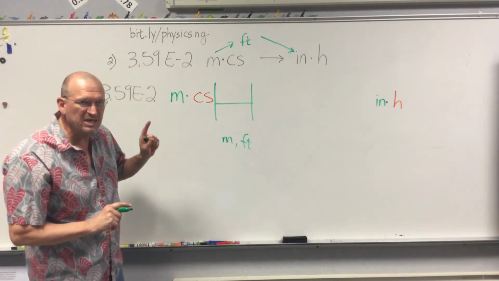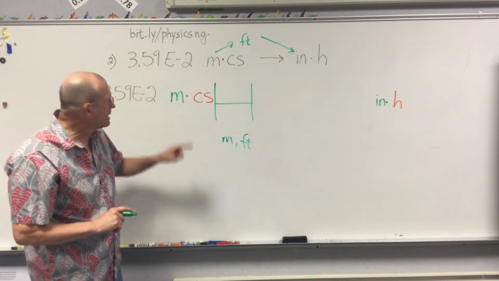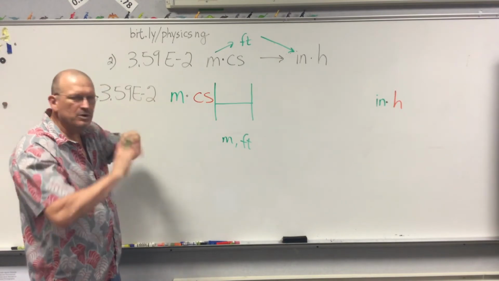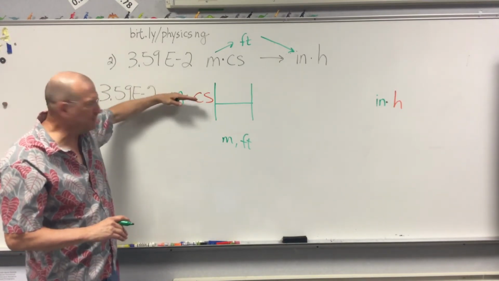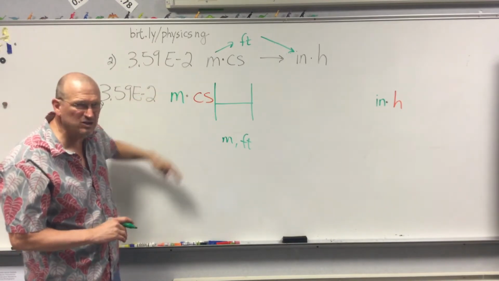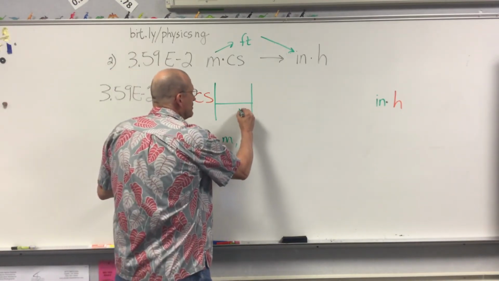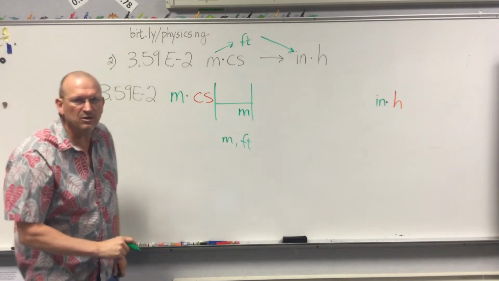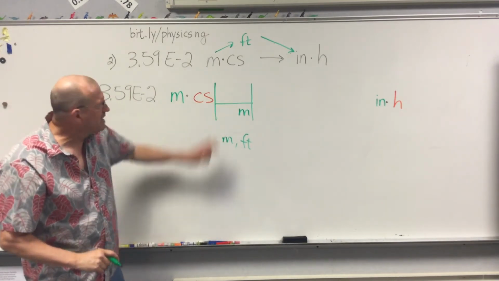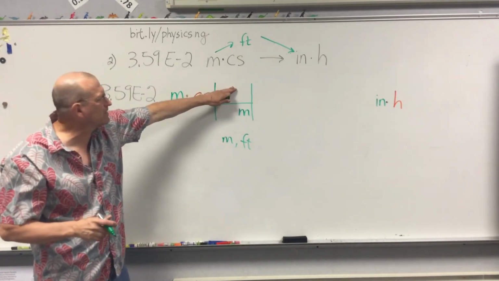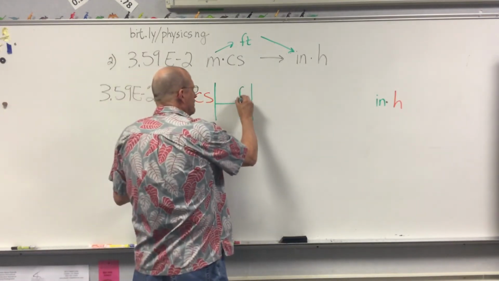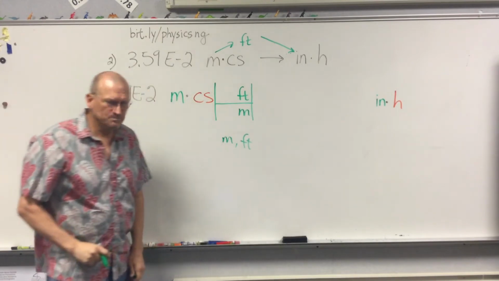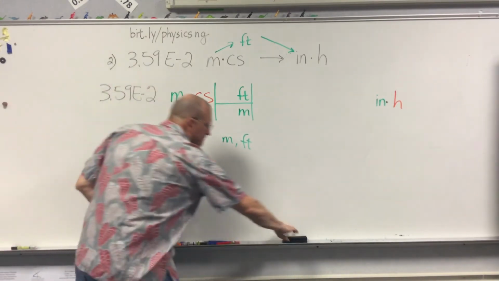But remember, the key word is diagonal. I need this meter to go away. And because the meter is in the numerator, because it's not underneath a fraction bar, that means the meter has to go down here in the denominator in my magic H. Now, I can put whatever I knew how to convert this to on the other side. In this case, we are doing feet. So I'm going to put the feet there.